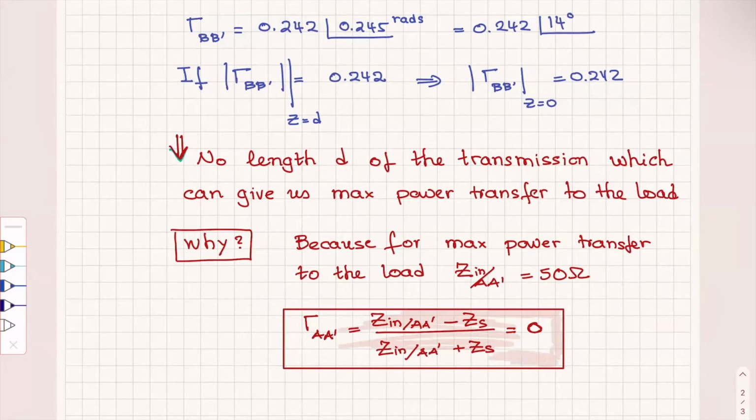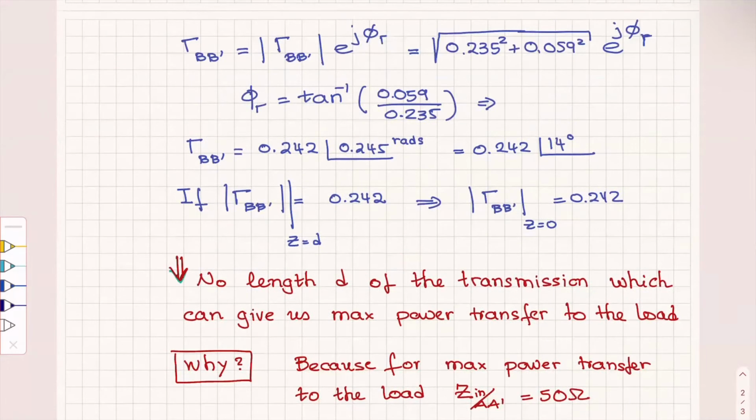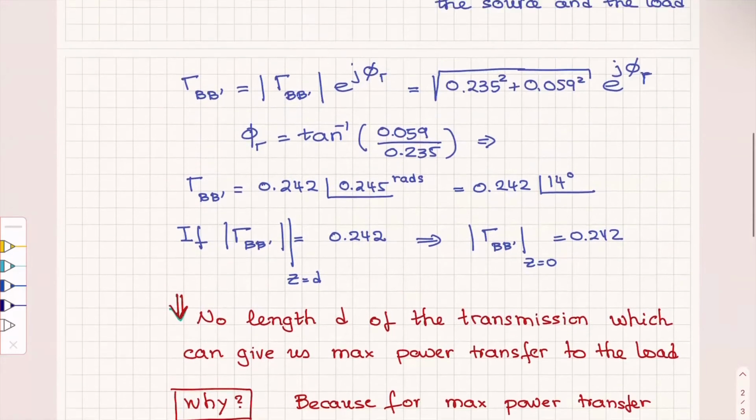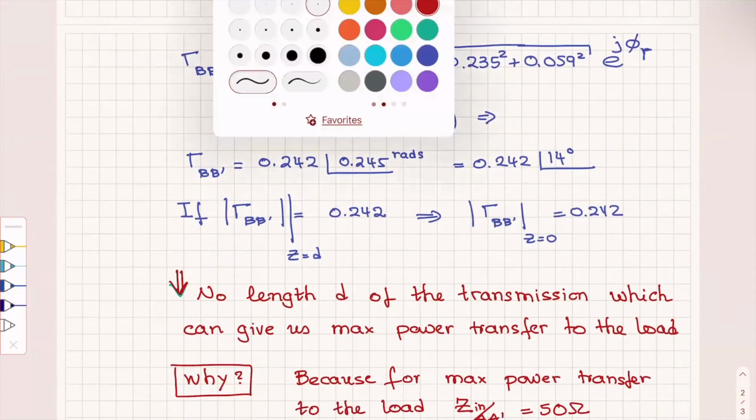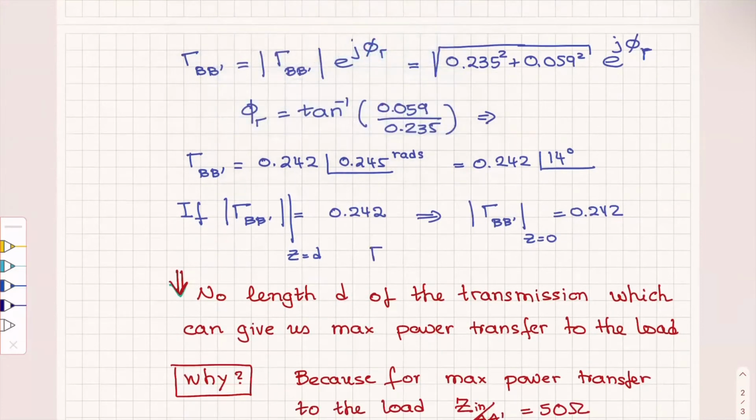All right, that does not happen because we proved that the impedance that we have at AA prime is different than 50 ohms, or we proved that the reflection coefficient at AA prime is not going to be 0. Let me write it here. At AA prime, the magnitude is equal to the magnitude of the reflection coefficient at any other place on the line, which is going to be 0.242.